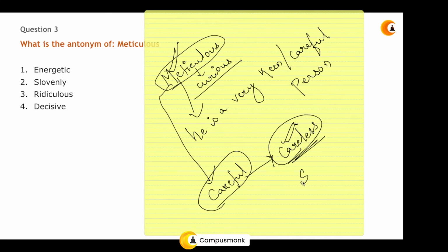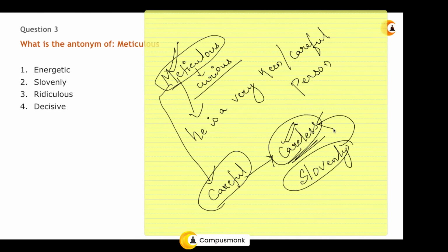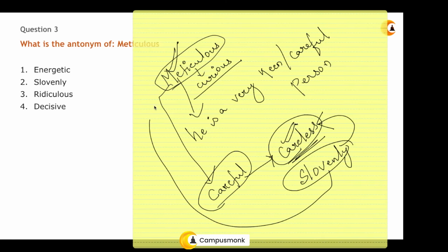So what are you left with? You're left with slovenly. Okay, so slovenly means careless. So slovenly is the opposite of meticulous. Meticulous means careful, opposite of careful is careless, and the synonym of careless is slovenly. Alright, so your answer is in option number 2.